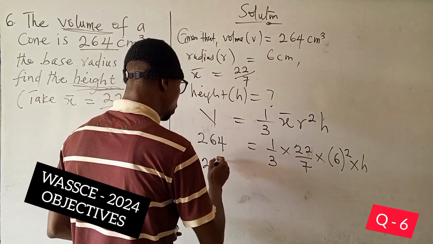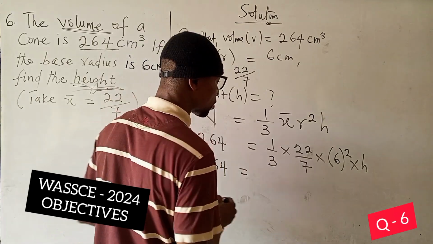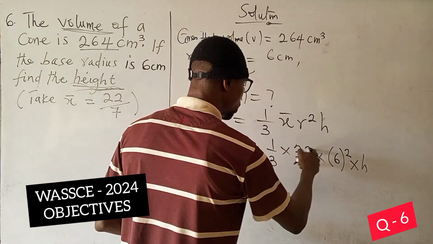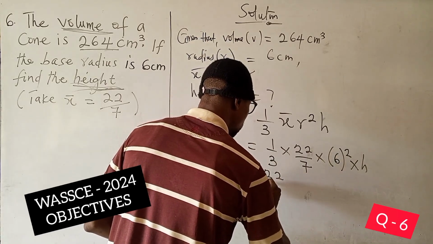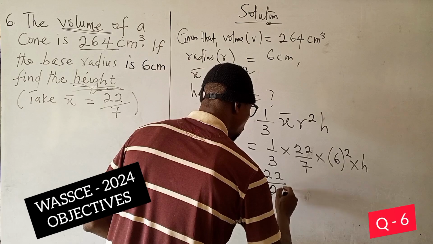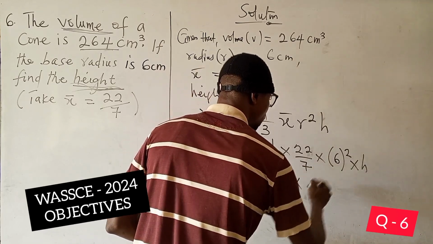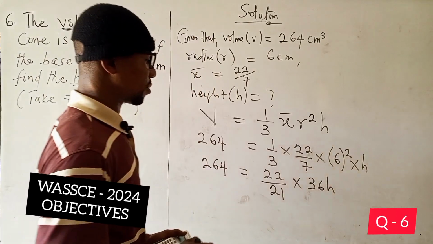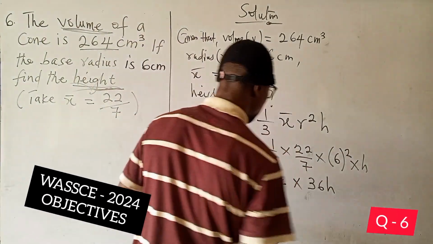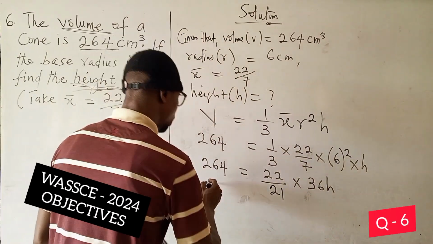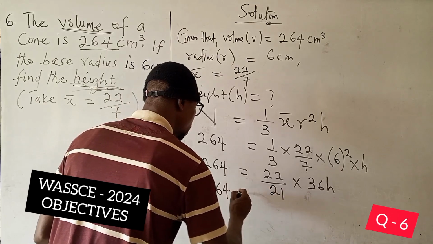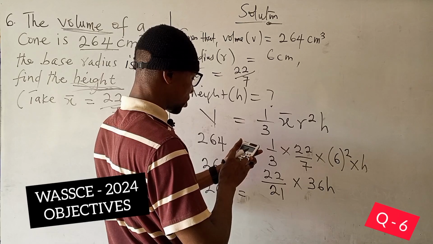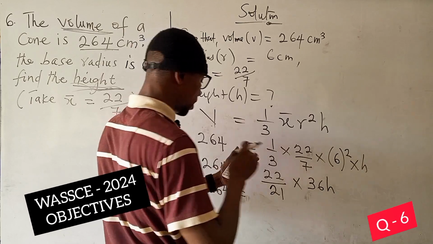Let's multiply the numerators: 1 times 22 is 22, divided by 21, because 3 times 7 is 21, multiplying 36, multiplying the height. 36 times h gives 36h.